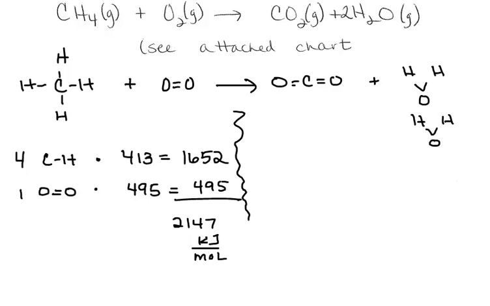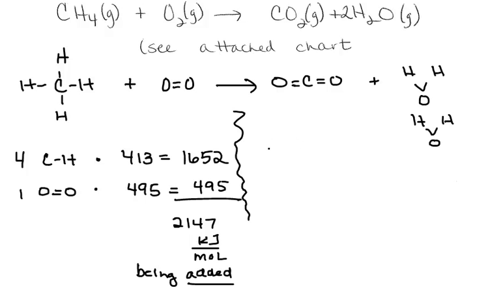When you break bonds, you have to add energy to them. Sometimes students think that that's when energy is given off. It is not. Energy is added to break a bond. So this amount of energy is being added to this reaction. All right. Now, when the bond is reformed as a product, that's when energy is given off.